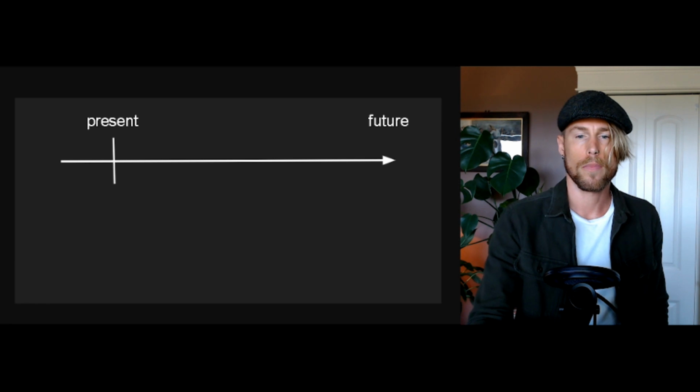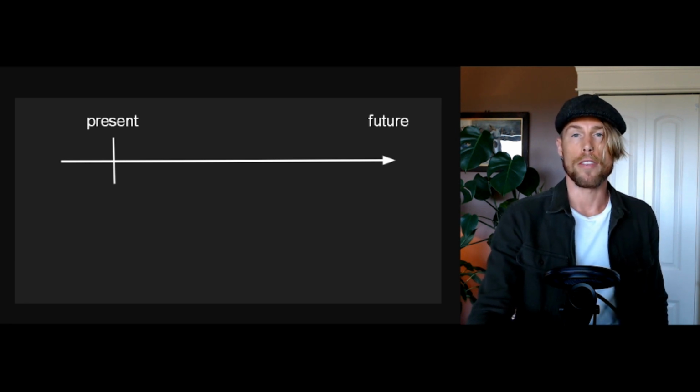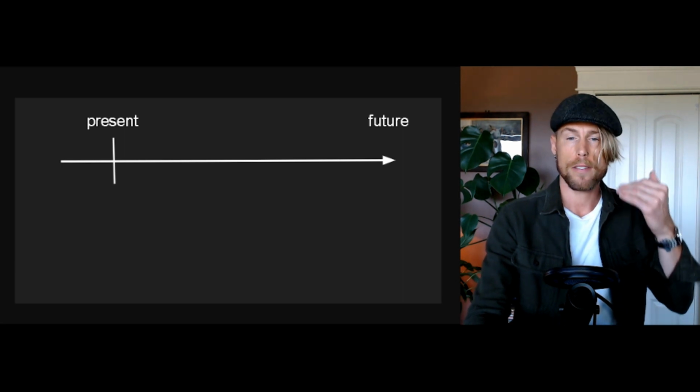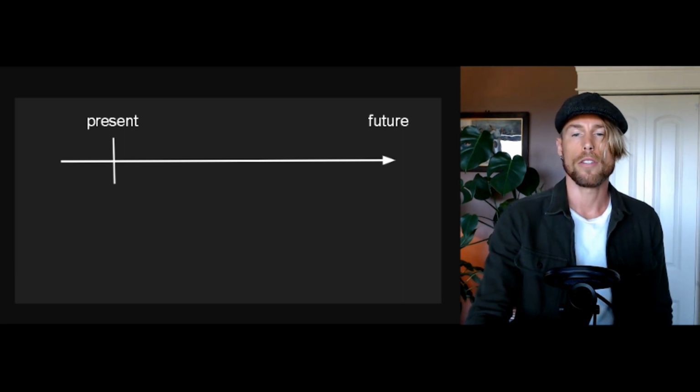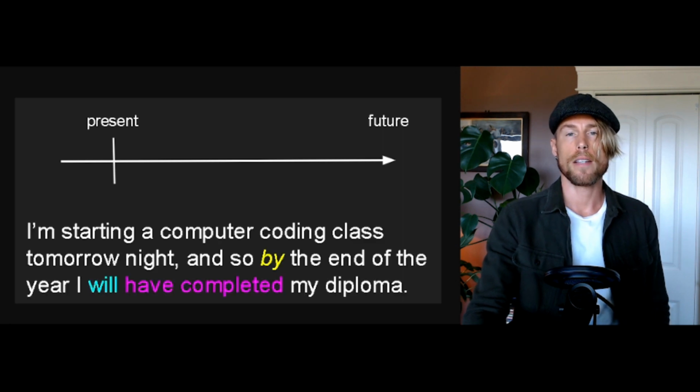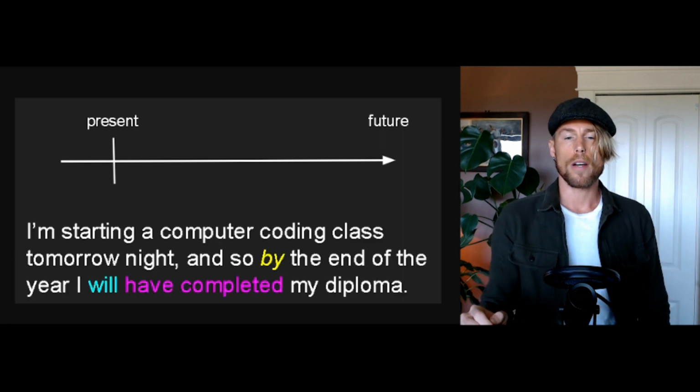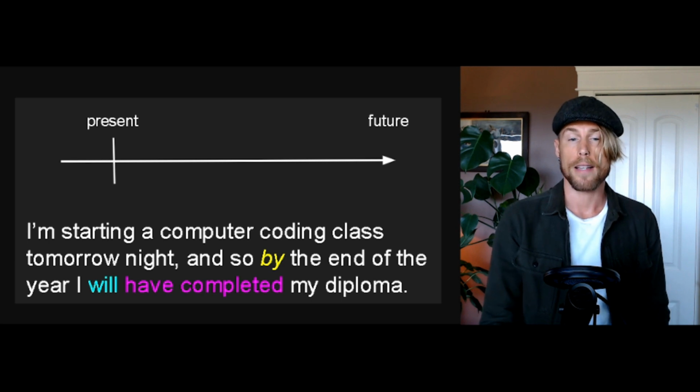Okay, let's visualize this. So I have a timeline. On the left, you can see the vertical line is present, and on the right, you can see future. Here's my sentence. I'm starting a computer coding class tomorrow night.